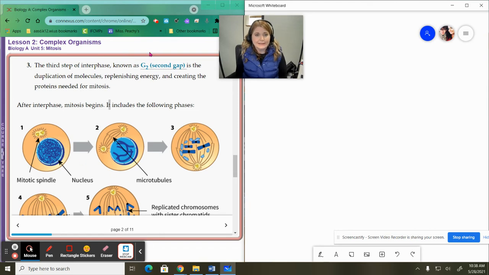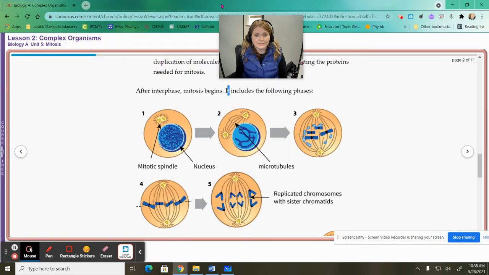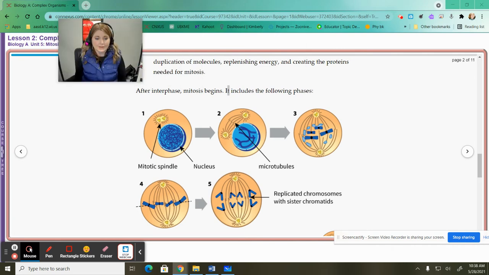So what's cool here, I think, is it talks about the different stages, and it tells you what's happening in each of the stages. So I'm actually going to bring this up in center stage here. It talks about the formation of some really cool structures in the cell called the mitotic spindle and the microtubules. These are protein structures that help to mechanically guide all the stuff around in the cell. The mitotic spindle is kind of the attachment point, and then the microtubules will attach to the mitotic spindle.